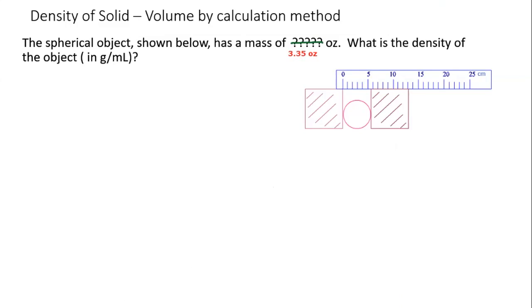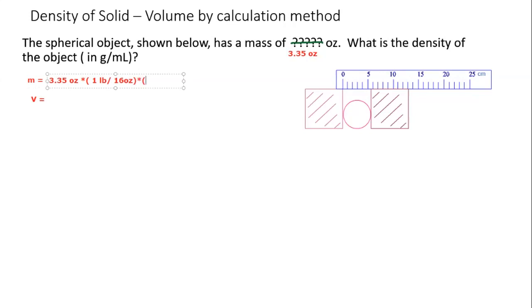So for the density, we need the mass and we need the volume. Well, the mass we can determine because we know it's 3.35 ounces. We can multiply this and convert it to grams. We know 1 pound is 16 ounces. So we divide by 16.